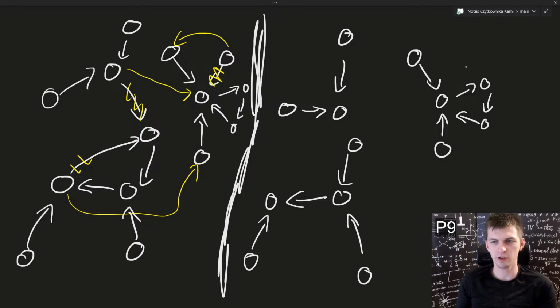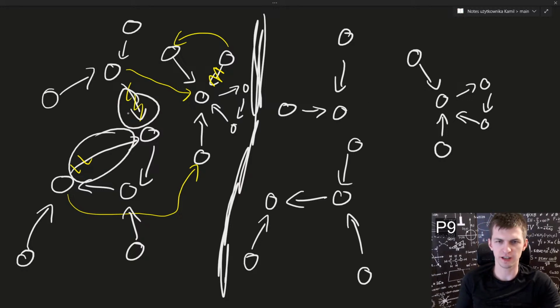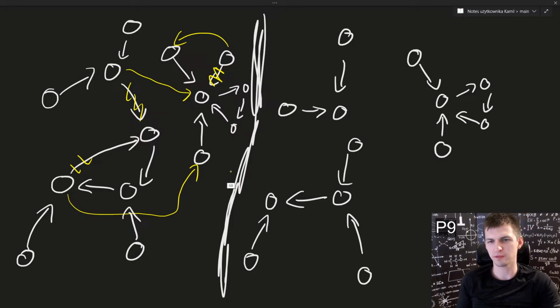And now we know that, what do we know? We start with the set of those erased edges. So always when there is a query, we have some temporary edges.